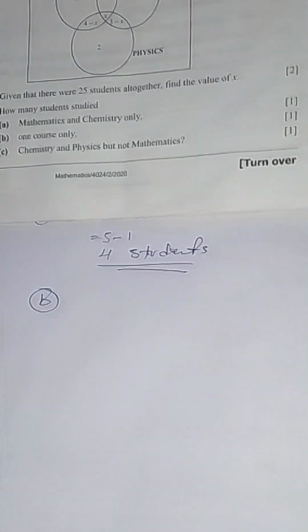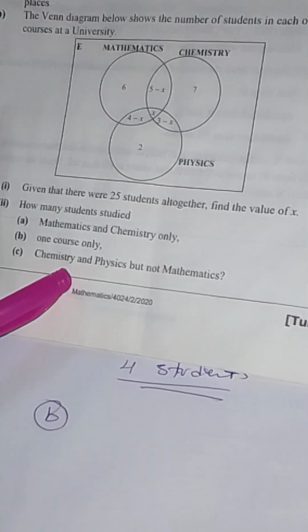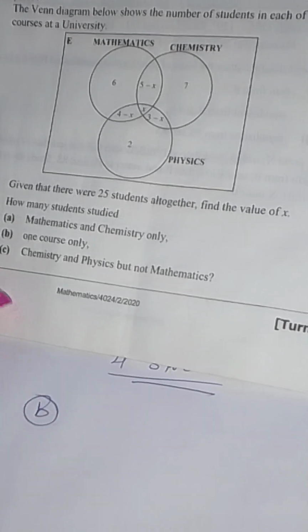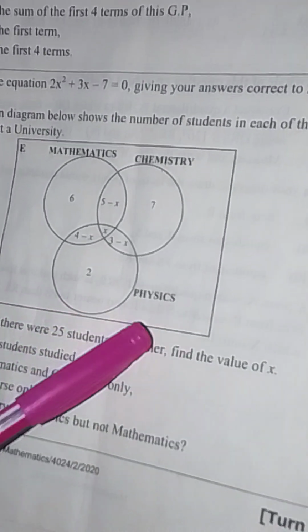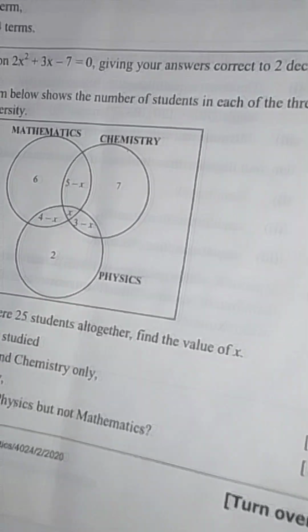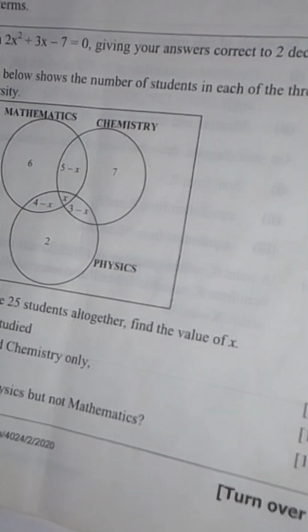Then we go to question B. Question B, we are saying, how many students studied one course only. For one course only, we have this 7. This 7 are studying chemistry only. Then when you come to physics, we only have 2. These 2 are studying physics only. Then mathematics we only have 6.